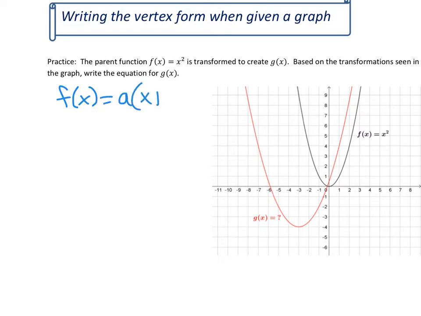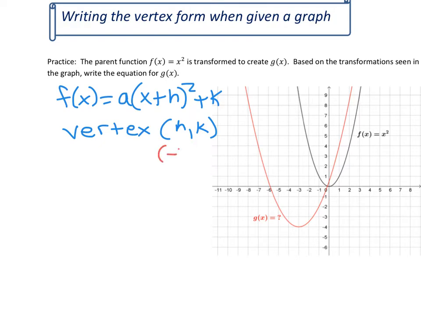So I've got some kind of horizontal translation, some kind of vertical translation, and perhaps some stretch. And our vertex is (h, k). And in this case, we have a vertex of (-3, -4).